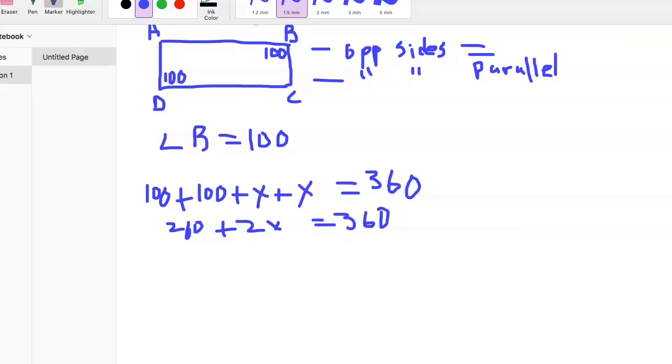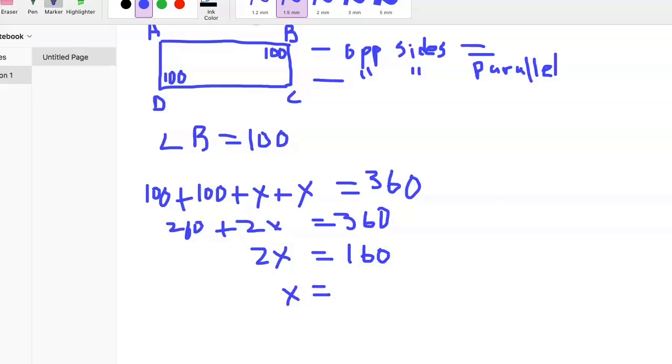Now we're into doing some algebra. If we subtract 200 from both sides, we have 2X equals 360 minus 200, which is 160. Then we divide each side by 2.